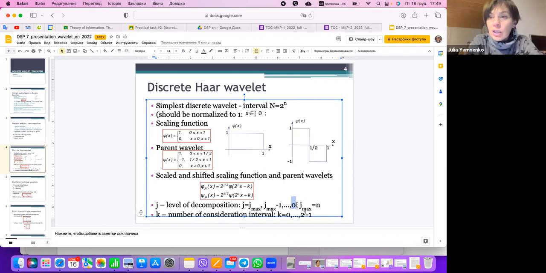But the idea is that not in all tasks is it necessary to go to the zero level. You can stop at any level somewhere between J maximum and 0. So you can do one level, one step of decomposition, 2 steps, 3 steps maybe.